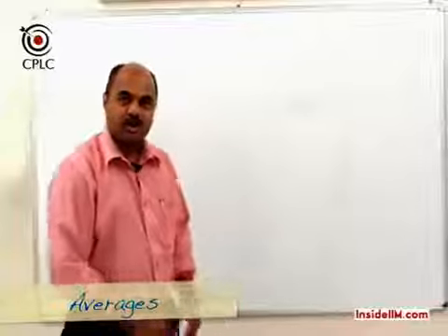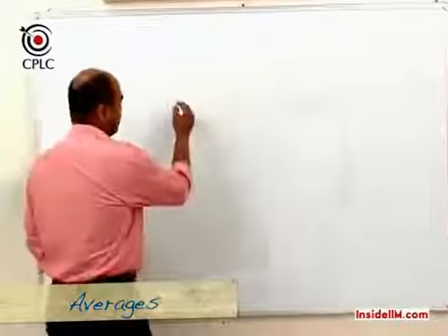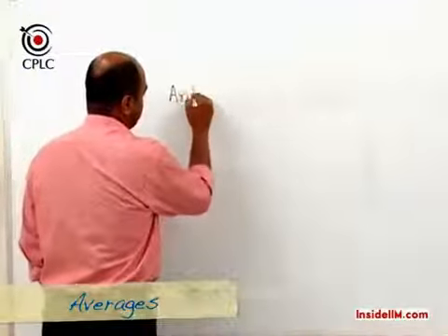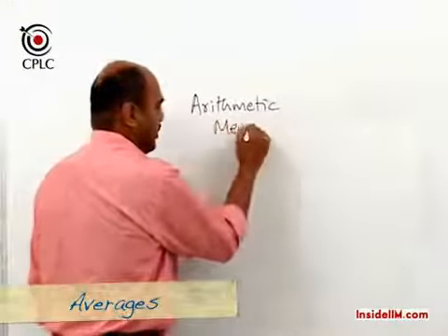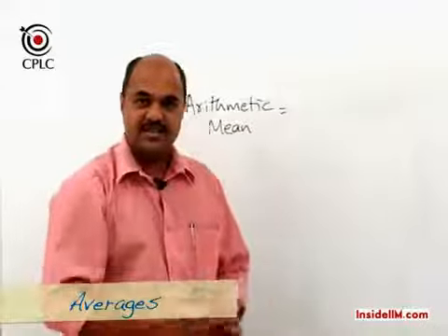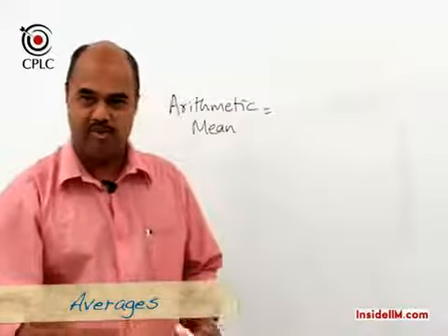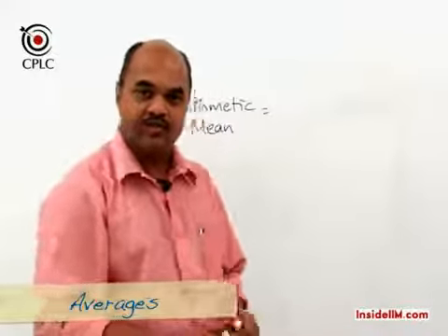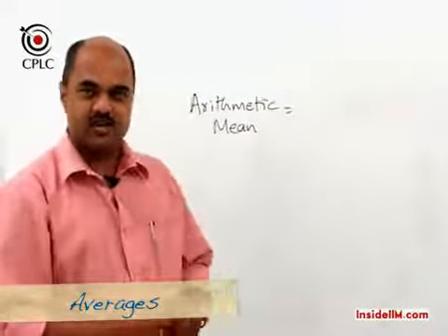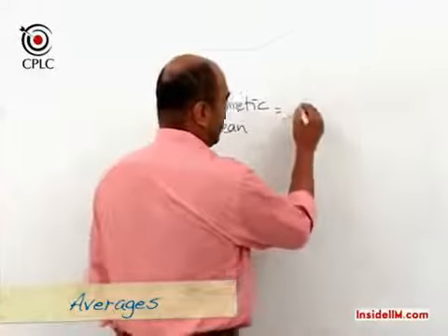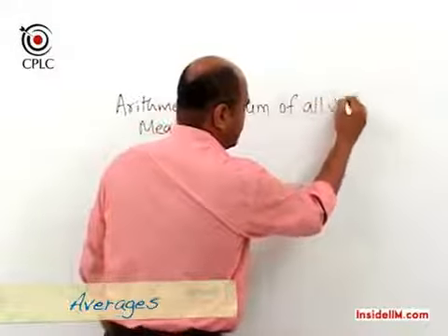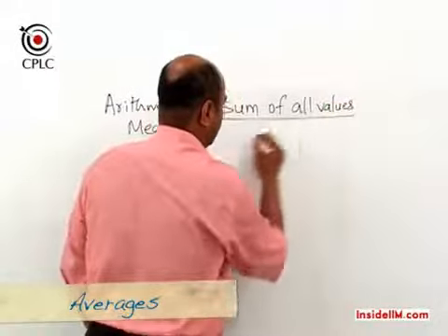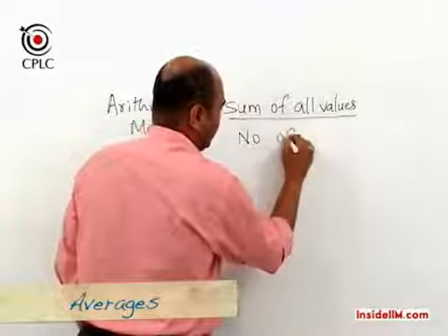So when we talk about simple average, or what is very commonly known as arithmetic mean, what is arithmetic mean? If you're given a set of values and we want to find the arithmetic mean for the set of values, it would be calculated as the sum of all values divided by the number of values.